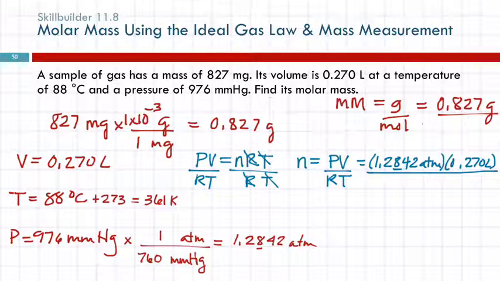Down here, I've got R, 0.0821 liter atmospheres per mole Kelvin. It's the units on R that tell us what units the pressure, volume, and temperature have to be in. And then we've got the temperature, 361.